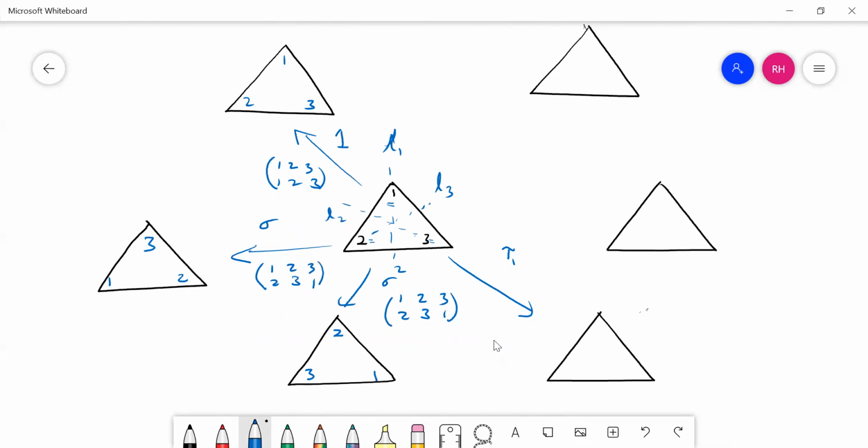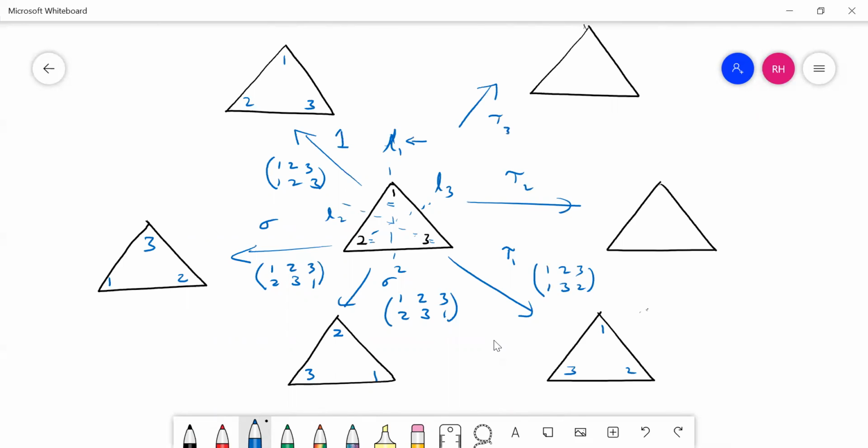If we reflect the triangle in this line here, L1, well, 1 will just stay 1, 2 will become 3, and 3 will become 2. So 1, 3, 2.